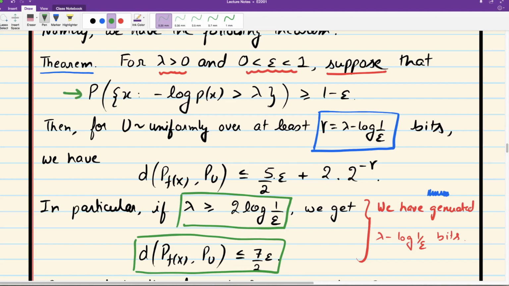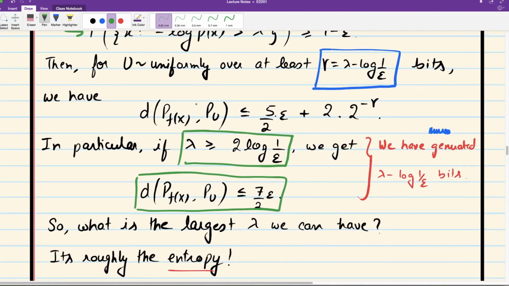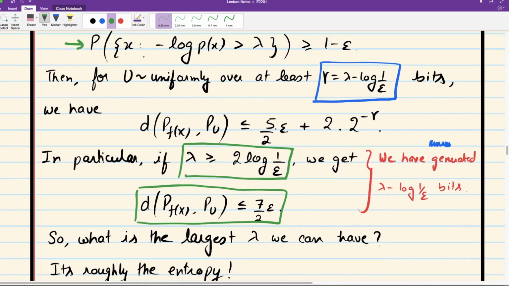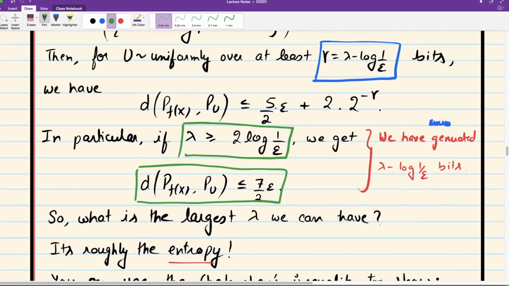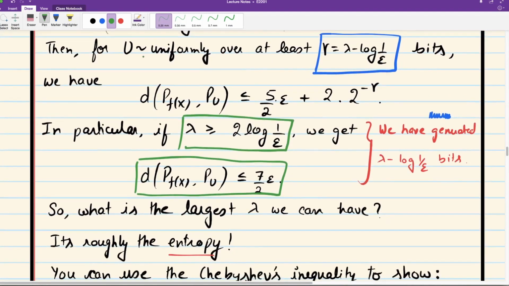This looks very much like the compression result, which we saw in the previous week, and which we used to bring in entropy. So can you now stare at this condition and see the role of entropy? So the question is, what is the largest lambda we can have such that this condition is satisfied? And here is the answer, if you didn't guess it already. It's roughly the entropy.